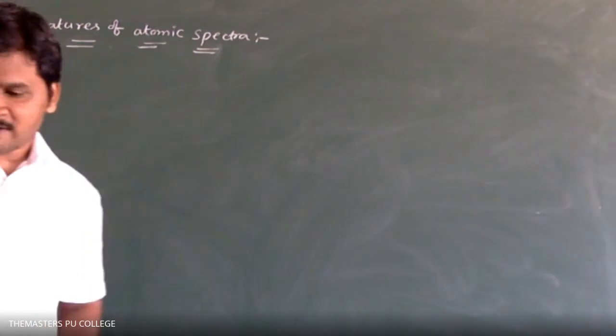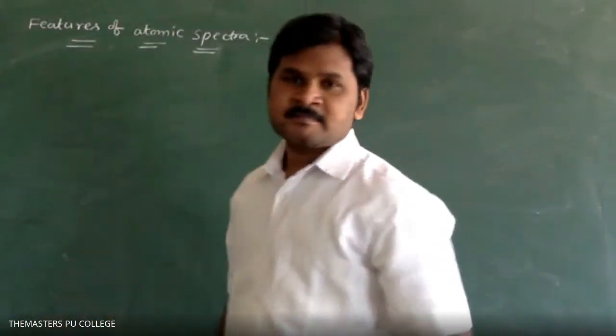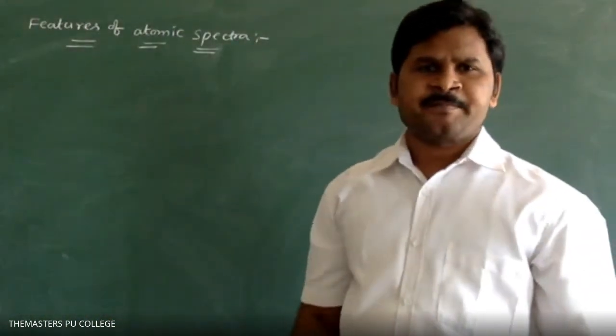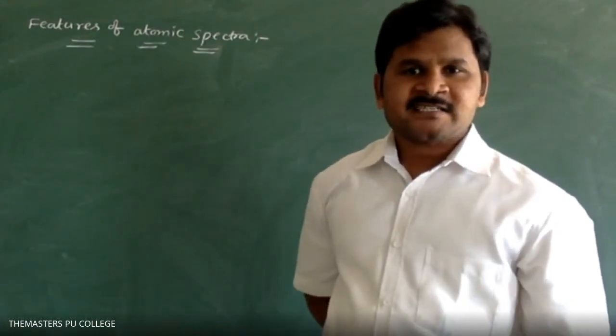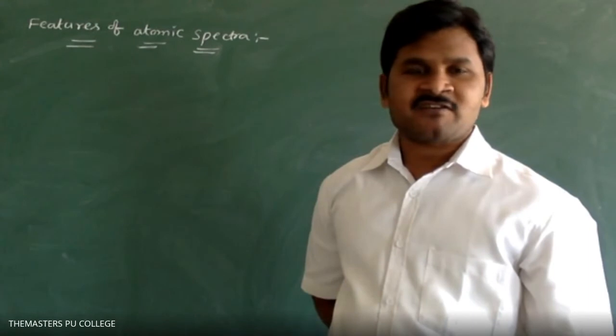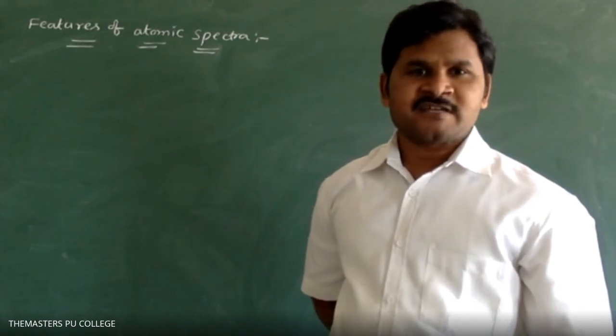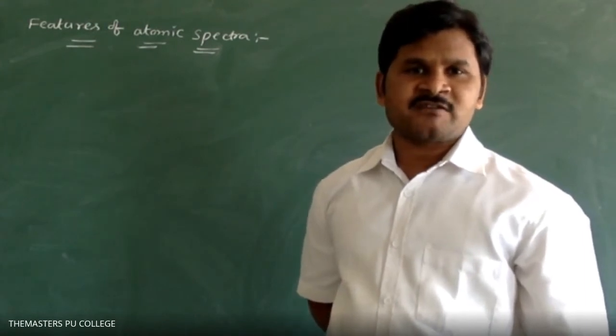Students, first of all, what is a spectrum? Spectrum is nothing but electromagnetic radiations. Different electromagnetic radiations we have are gamma rays, X-rays, UV rays, visible rays, IR rays, microwaves, radio waves.